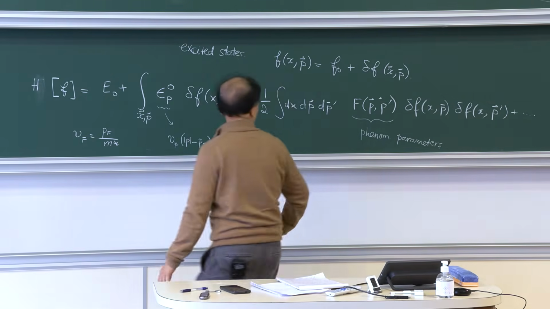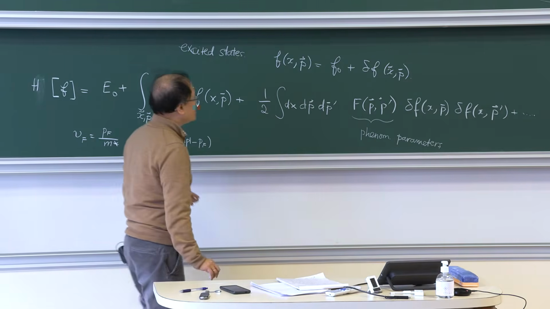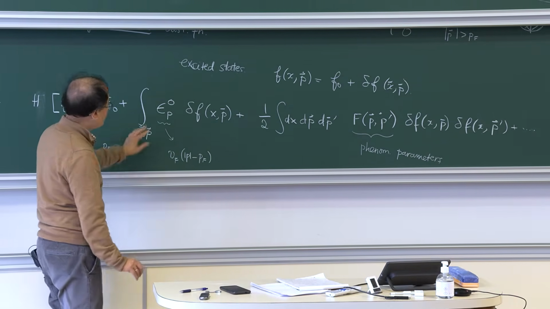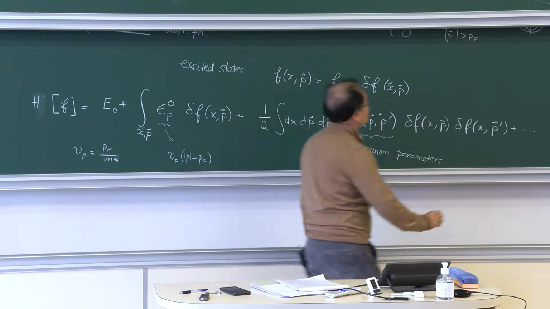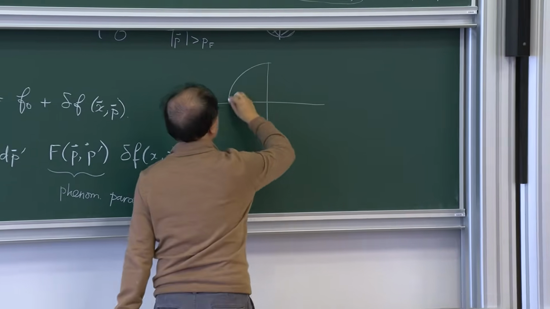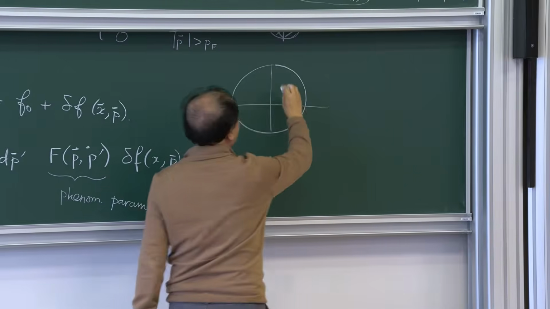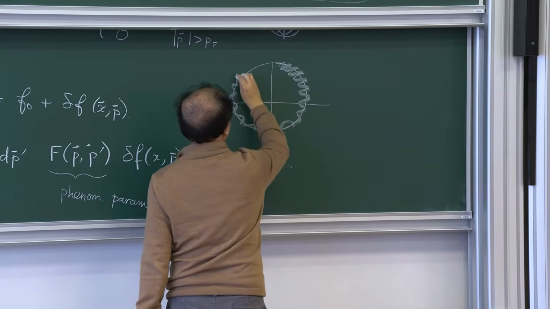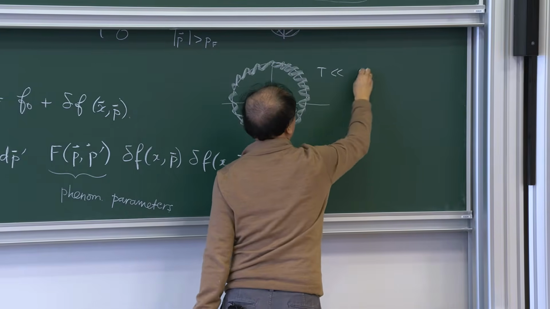The reason why this quadratic term is important, is special, is the following. Let's imagine that we have a state that looks like a state at finite temperature. So I assume that I have a Fermi surface of quasi-particles, smeared out because I have finite temperature of order T. T is much smaller than epsilon f.